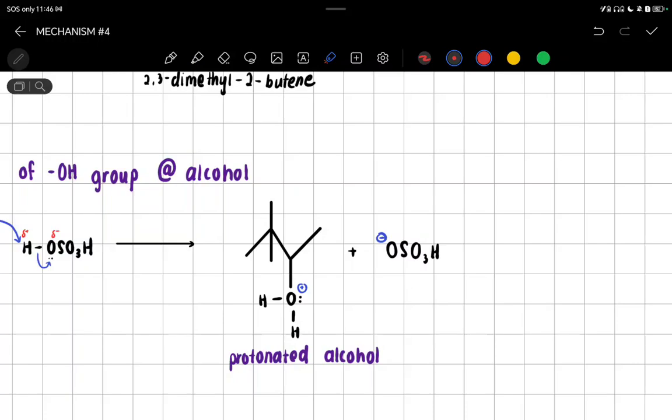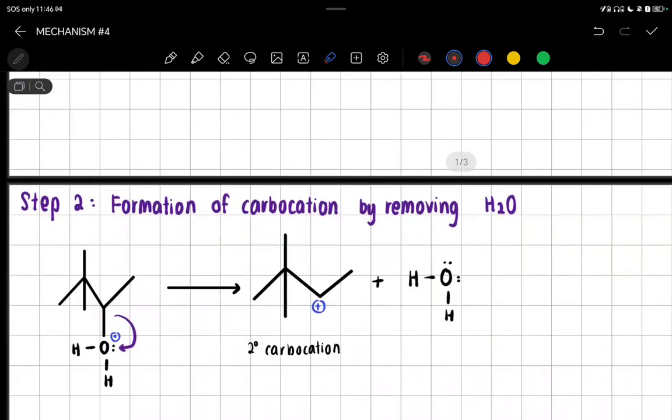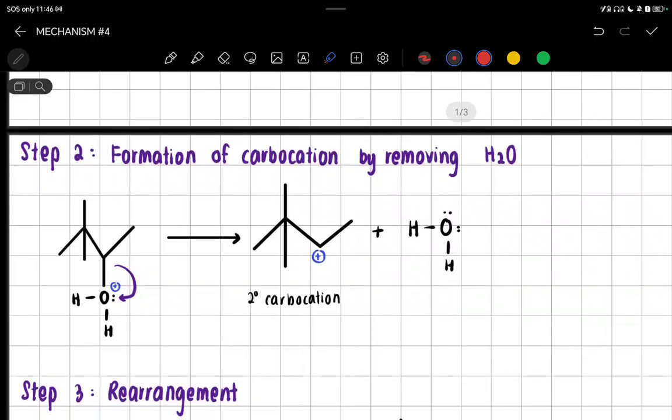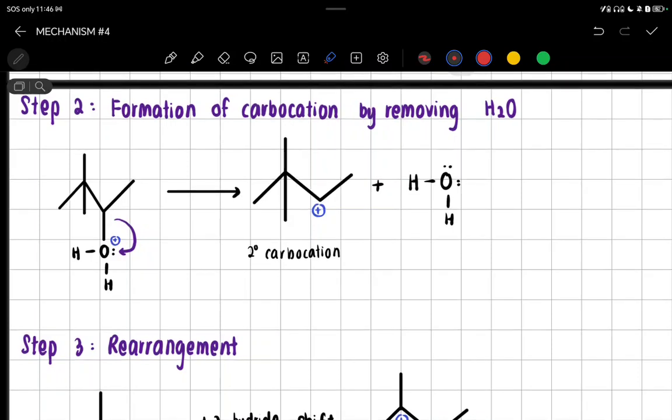So we go to the next step, which is this. The H2O, this one, is eliminated by breaking the weakened sigma bond of C and O. So the two electrons from the sigma bond are pushed toward the oxygen atom, as it is more electronegative than the carbon atom.